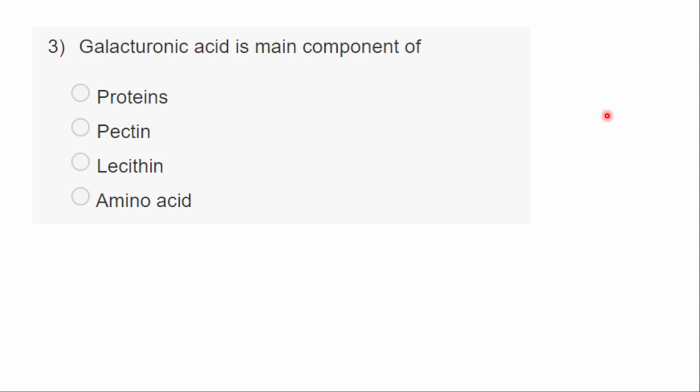All you have to do is type the option that you think is correct for this question in the chat box. Galacturonic acid is main component of A, proteins. B, pectin. C, lecithin. D, amino acid. I'll wait for a minute or two and collect some answers in the chat box. Then we'll proceed.